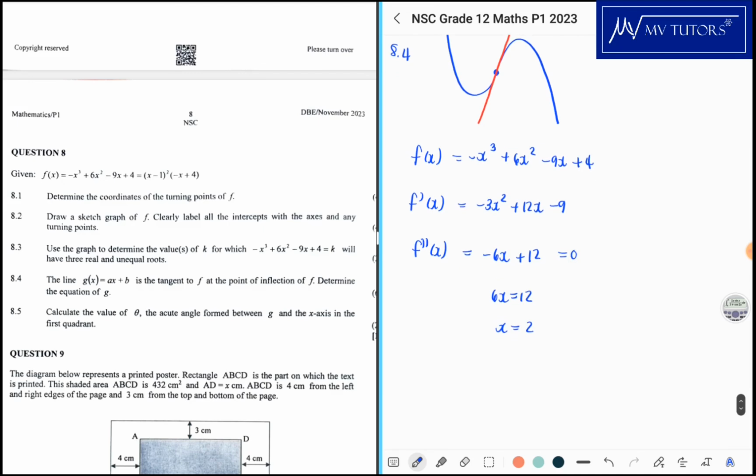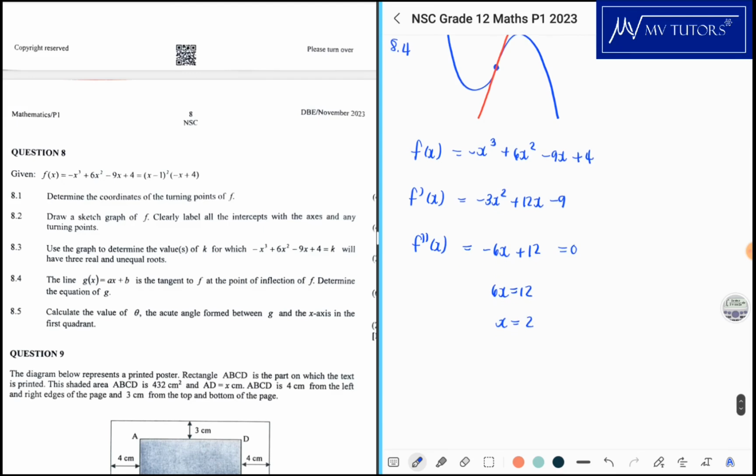So at that point where x is equal to 2, that's the point of inflection. That's a coordinate. So let's get the y coordinate for that. And remember, in order to get the y coordinate, we will substitute x is equal to 2 in the original equation. Minus 9 times 2 plus 4.